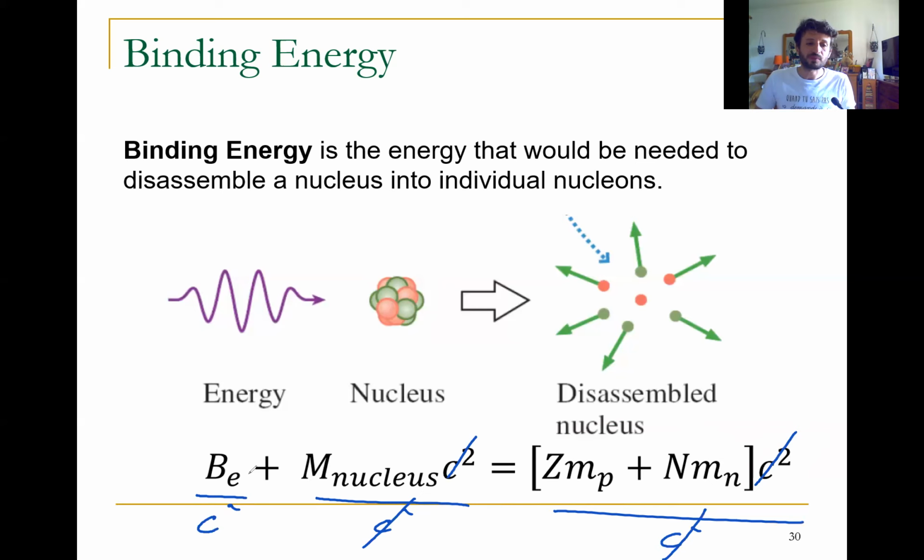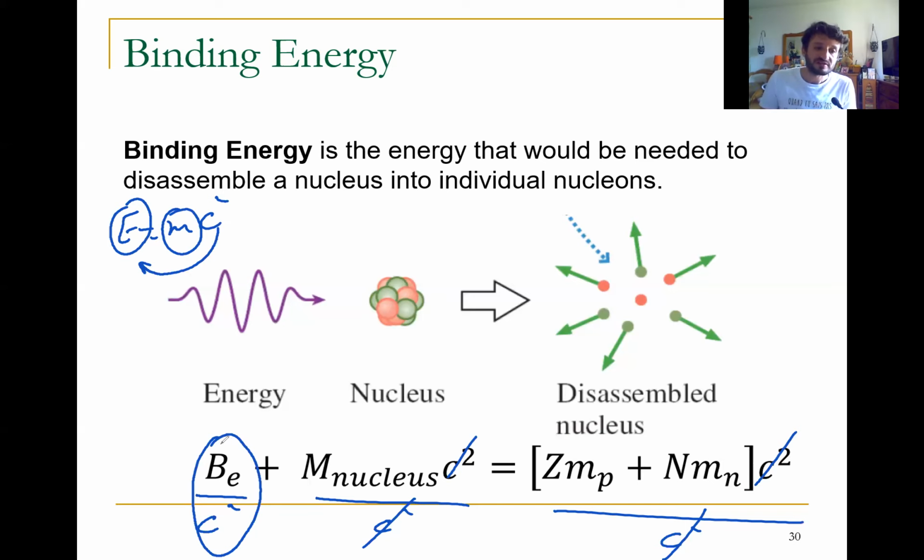So finally, we get a small value, BE divided by c square. E equals mc square, so m equals the energy divided by c square. This quantity is a quantity of mass, denoted by delta m.